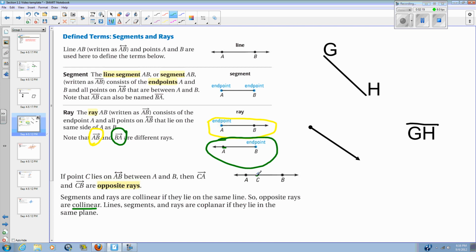One ray starting at C going forever in the direction of point A. That would be ray CA. And the other ray starting at C going through B. That would be ray CB. If we push those two rays together, they form a straight line. That is the idea called opposite rays.